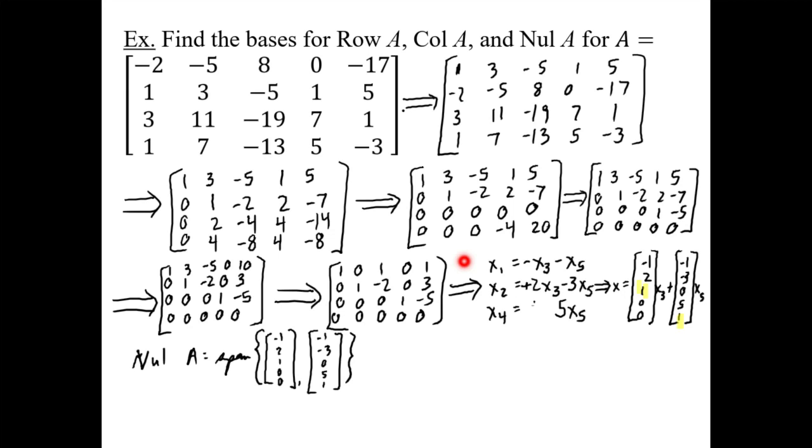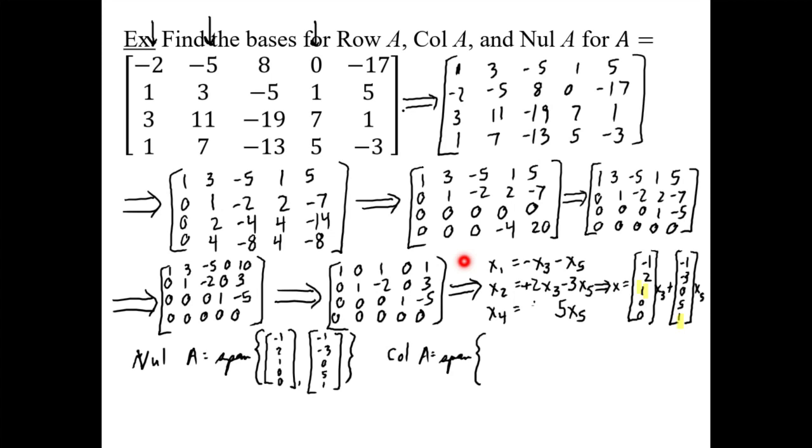The column space of A is going to be the span of, now we need to remember the pivot columns were columns 1, 2, and 4, but we have to take them from the original columns.